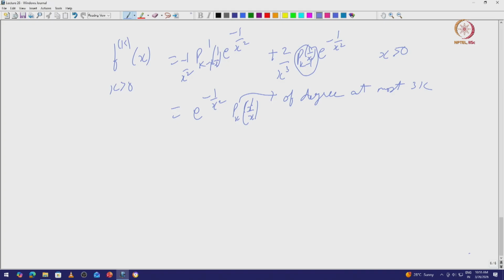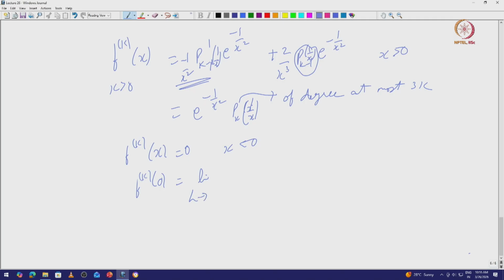That times 1 by x cube would make it a polynomial of degree at most 3k, and this is an even smaller degree, right? So no problem there. Now f_k of x is of course 0 when x is less than 0. So the question is, what about this?